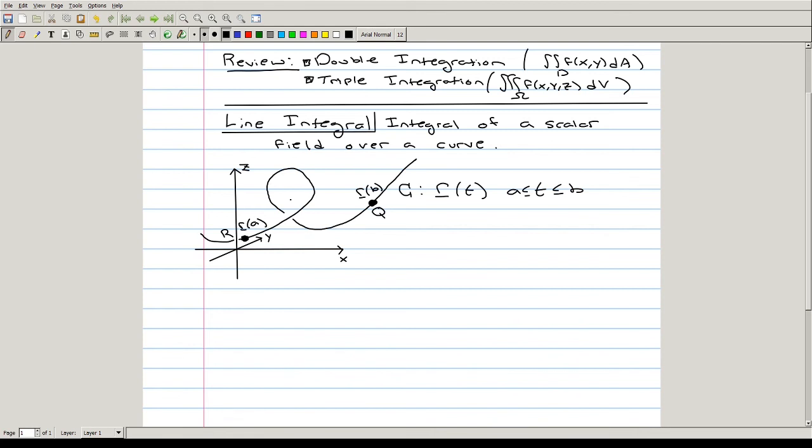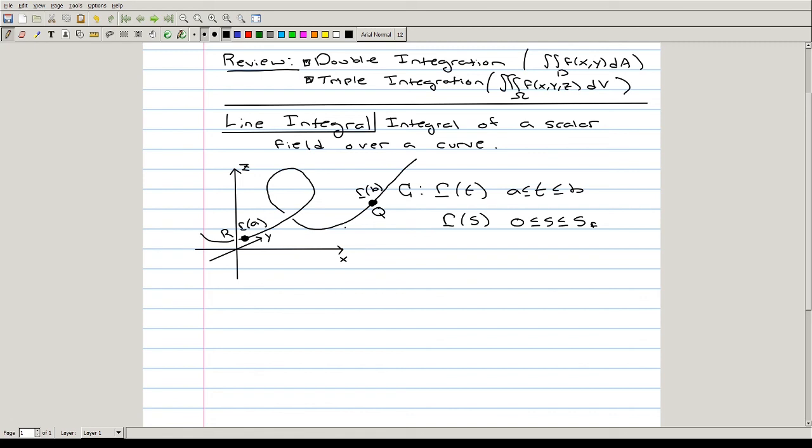We know that we can also write this in terms of arc length if we want to, where the parameterization of this curve in terms of arc length is just going to be starting at 0 at r of a right here, and the arc length varies all the way up until we get to the final arc length, which is the total length of this curve from R to Q right here.